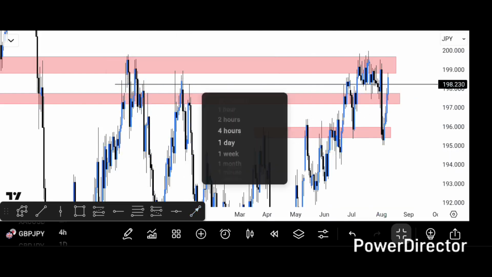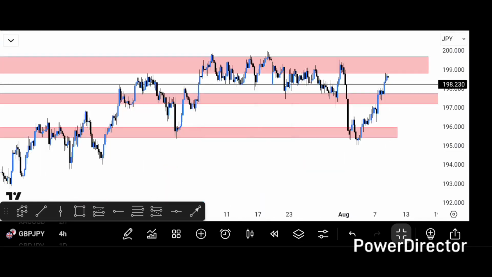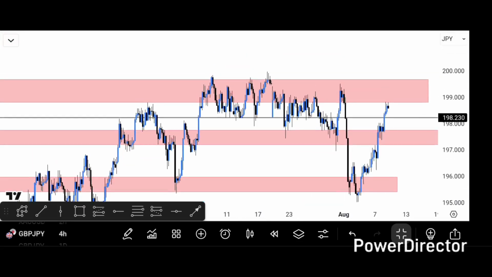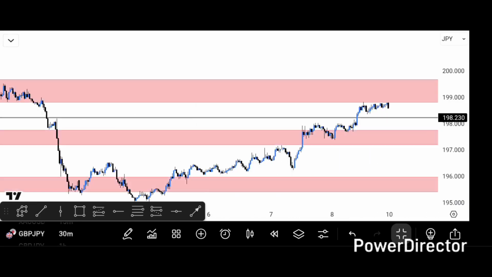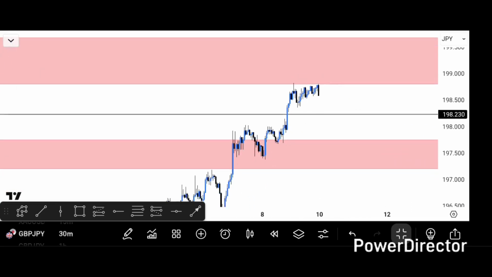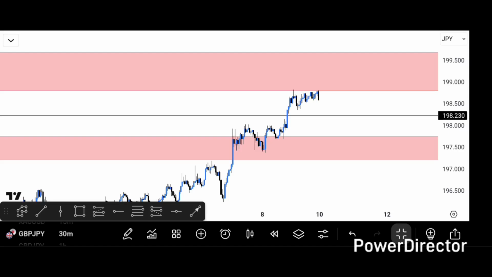If you go down to the lower time frame, the 4-hour, you see that price is already rejecting of that zone, but I wouldn't enter shorts from here. So like I said, we'll go to the 30 minutes time frame and just wait for a rejection pattern.